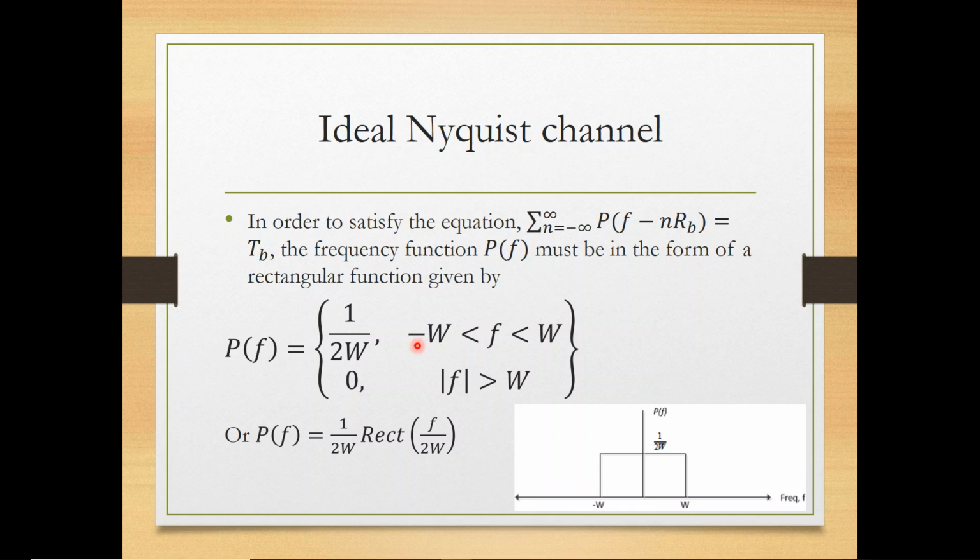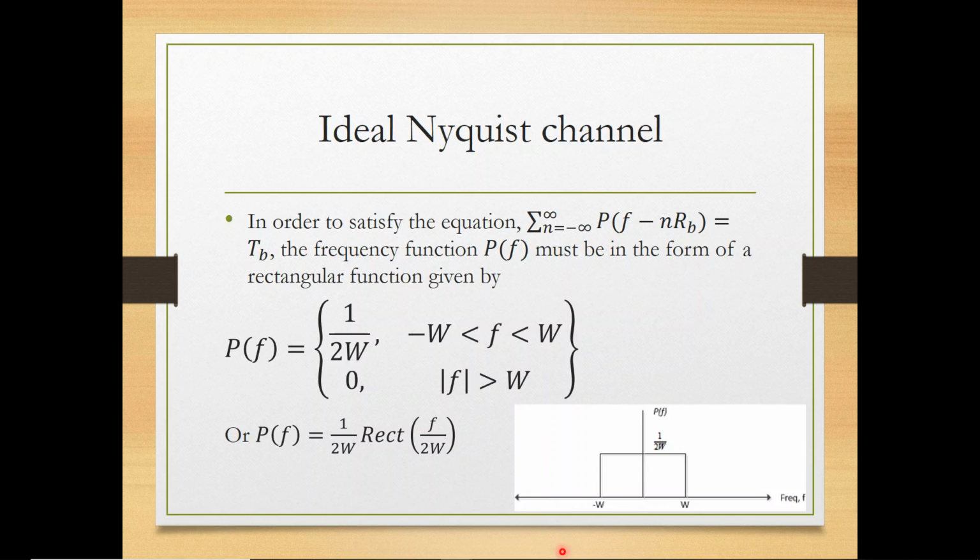function can satisfy this? First, let's see the rectangular function in terms of its mathematical formula and its graphical representation. P of F in this case is equal to 1 over 2W, where F, the frequency, is bounded between minus W and W, and it's 0 otherwise. When F is greater than W or F less than minus W, it's 0.